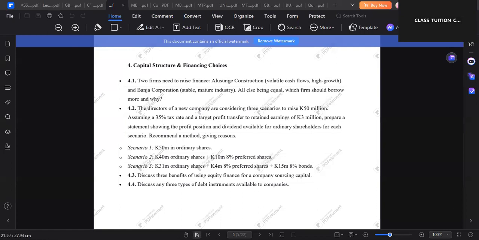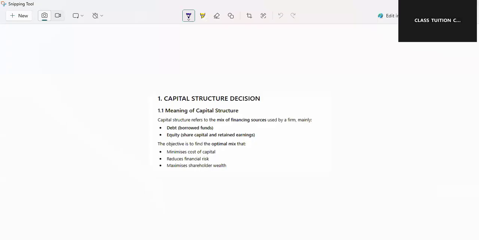Capital structure basically looks at the mix of how much a firm must use to finance itself. The meaning of capital structure is the way that a firm finances its operations and its growth using different sources of funds.